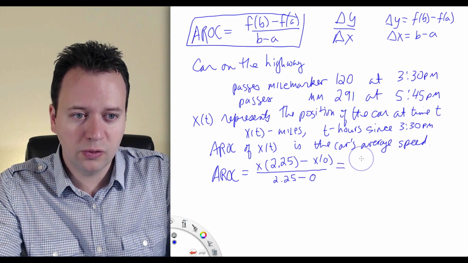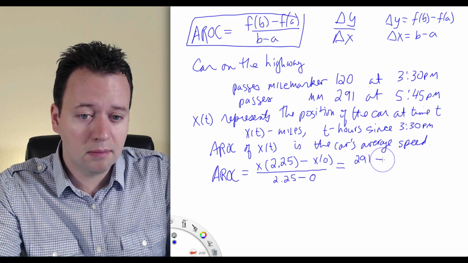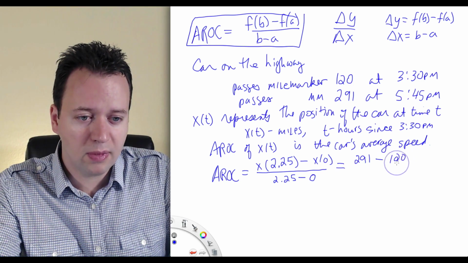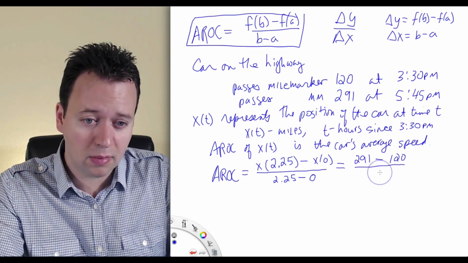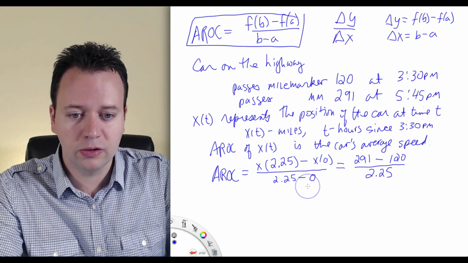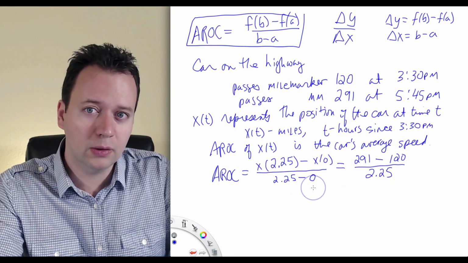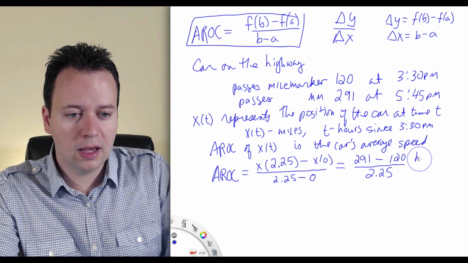So x of 2.25 was 291 miles minus x of 0 is 120 miles. We always add or subtract like units together, so we have miles and miles. And divided by 2.25 minus 0, so it's 2.25 hours minus 0 hours. We get 2.25 hours.